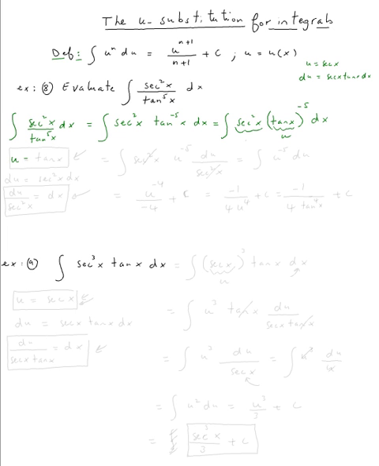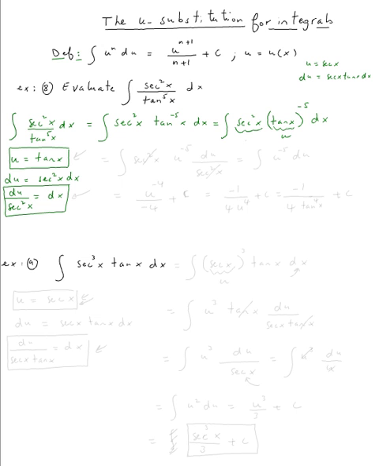So the u-substitution will be u equal tangent x. This means that du is equal to secant squared x dx. So dx will be equal to du over secant squared. Now, like always, we need this part and we need this part.